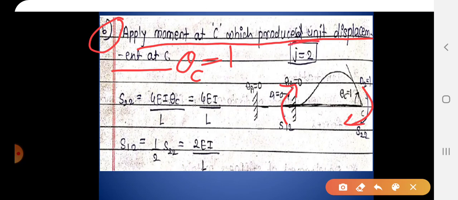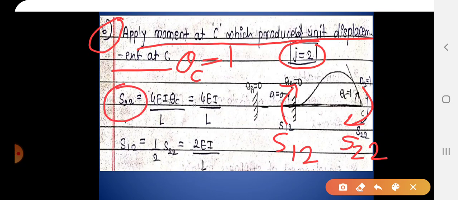Here J is equal to 2, so this moment is S22 and this moment is S12. We first get S22, which is 4 EI theta C by L. Theta C is 1, so 4 EI by L, and S12 is of course half of this moment, half of S22, which is 2 EI by L.